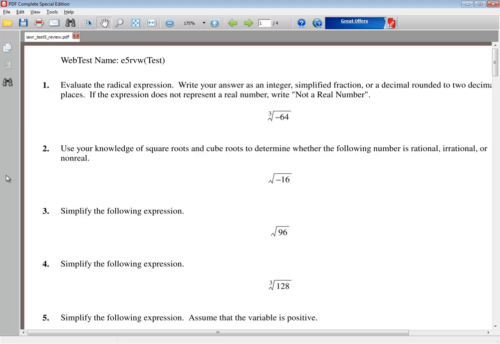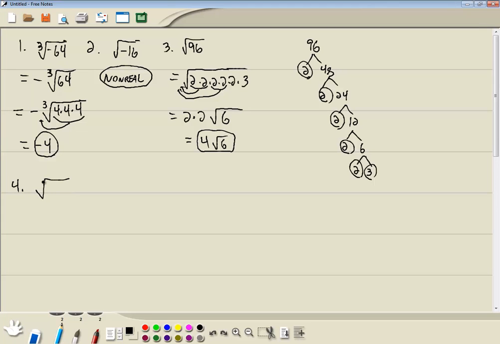Okay, number 4. Cube root of 128. Well, 128, 2, 4, 8, 16, 32, 64, 128. Let me show the factorization tree.